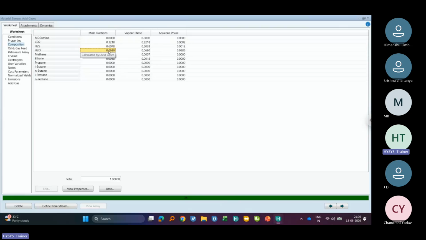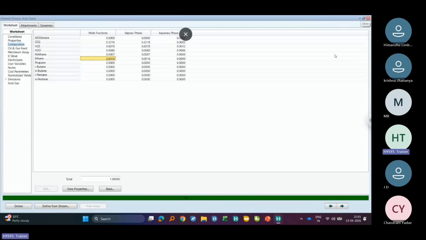So we can say there is no amine, there is some methane as well, sorry, ethane. Some methane, some ethane is also there. So we can say that it is not completely an acid gas stream, but to a greater extent it contains acid gases only.